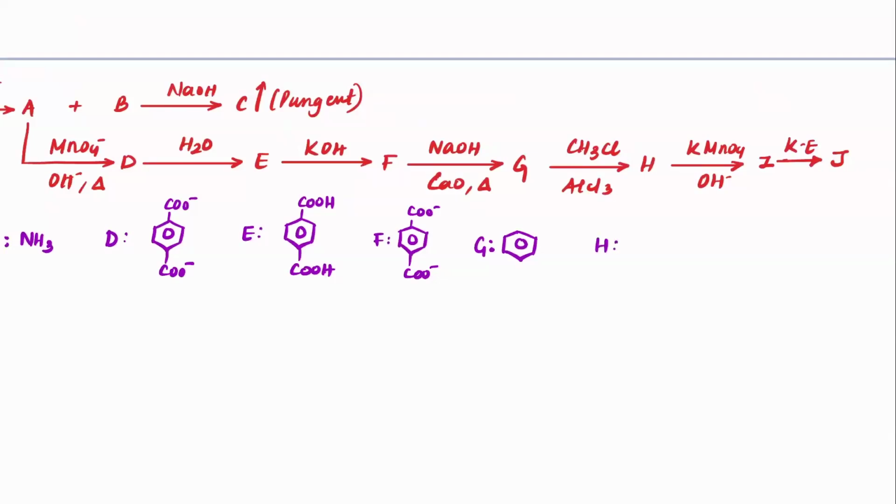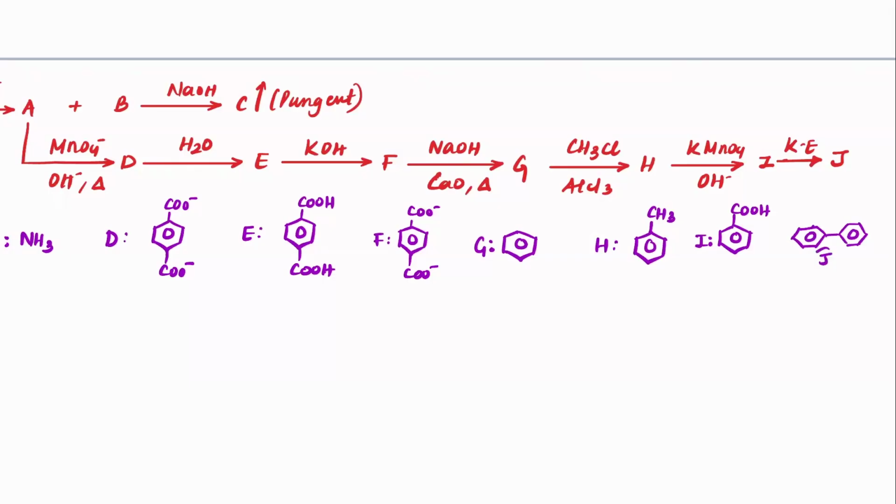H is, we are making Friedel-Crafts alkylation, so toluene. Then again oxidation will give you COOH, which is I. And Kolbe's electrolysis will couple the two alkyl groups or aryl groups.